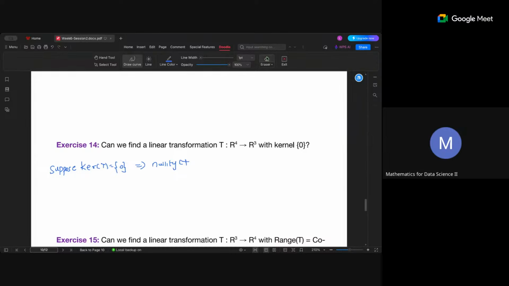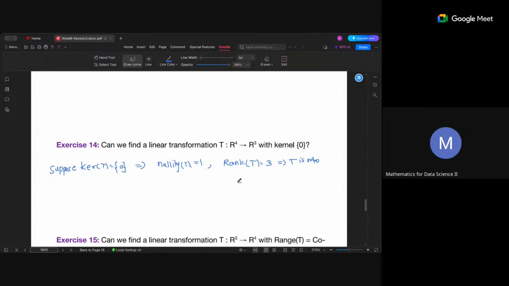It means T is 1 to 1. So maybe we'll go in terms of nullity itself, that is better. Kernel 0 means nullity is 0. If nullity is 0, then rank should be 4. But rank cannot exceed 3, since the dimension of R3 is 3, so no such T exists.